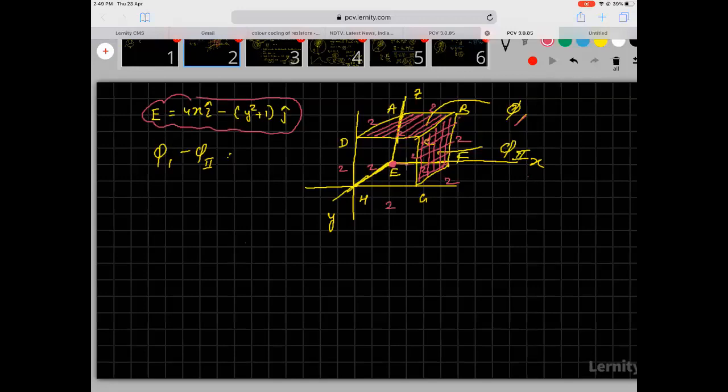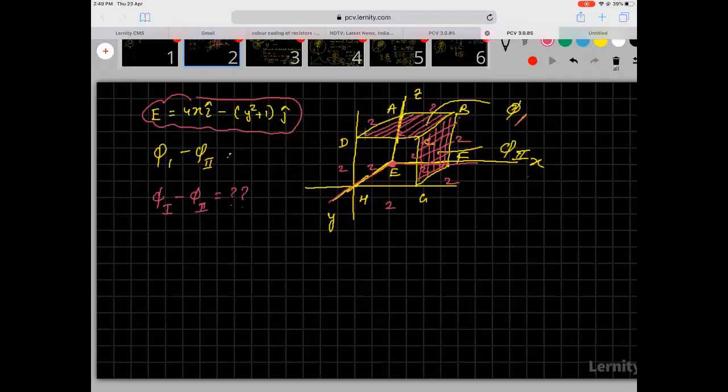This is the x-axis. This is the z-axis. This is the y-axis. The question to you is, what is phi 1 minus phi 2?